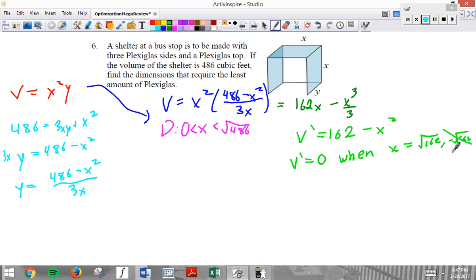But this one's out of the domain. Gross. I'm putting the square root of 162 right here. Now, what's a number a little less than the square root of 162?